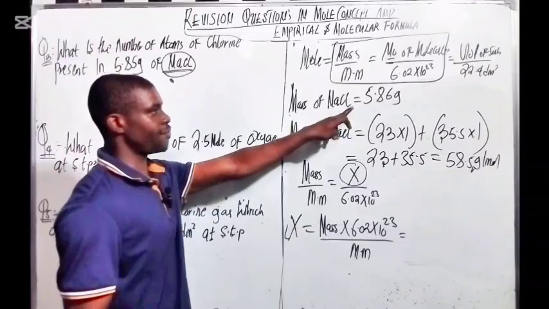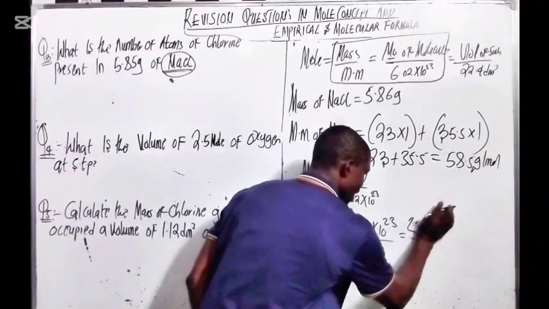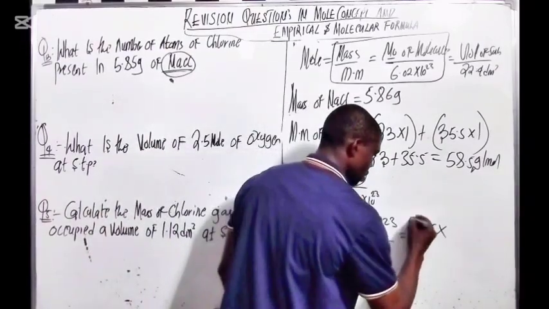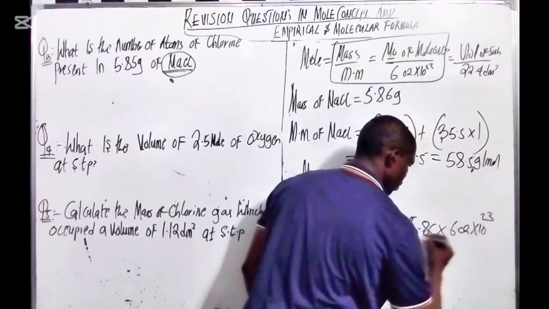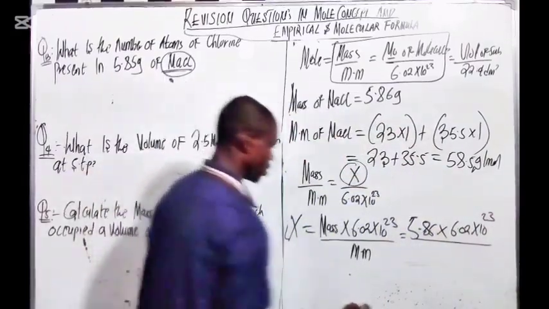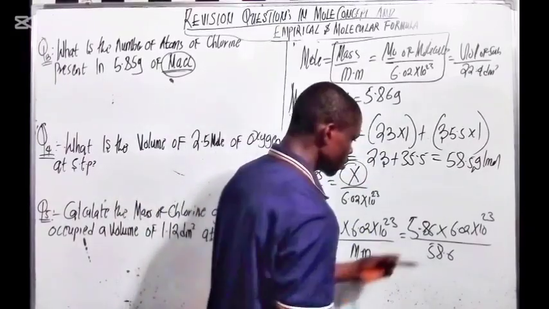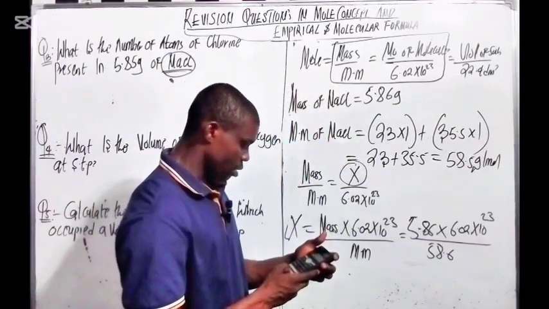My mass is 5.86. So 5.86 times 6.02 exponential 23 over 58.5.